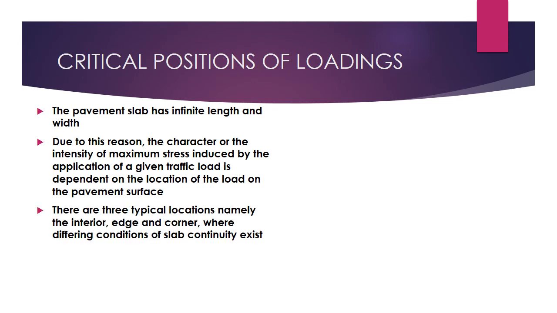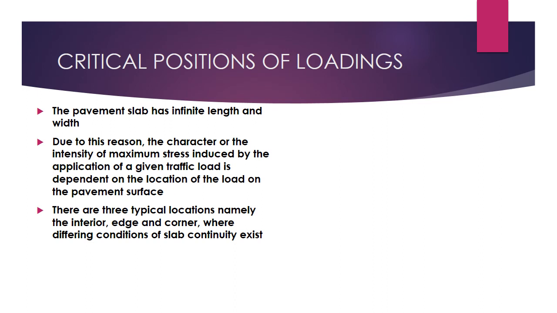There are three typical locations, namely the interior, the edge and the corner, where differing conditions of slab continuity exist. In the slab there are a few portions where the loading positions will be critical: the interior, the edge and the corner. All these three positions have different conditions of slab continuity.